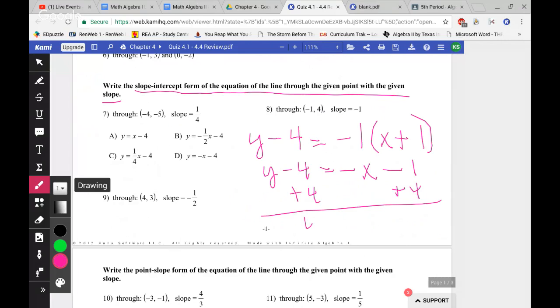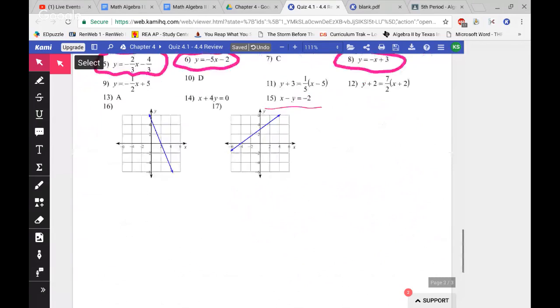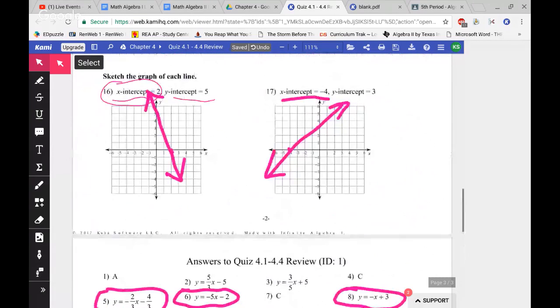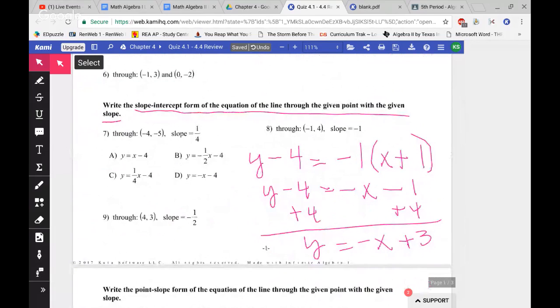And that gives me y equals -x plus 3. Yes, that's what I got. Yay! Is that the right answer? Yeah. That's what I got. Okay. Let's see. I know what I did. Oh, yay. I accidentally put y plus 4 equals 1x plus 1. But when I changed it and reworked it, I got it right.